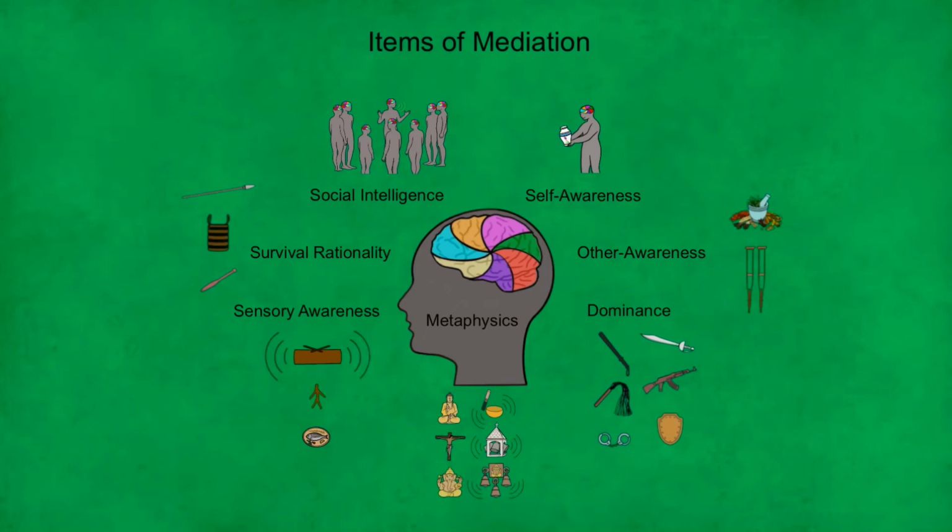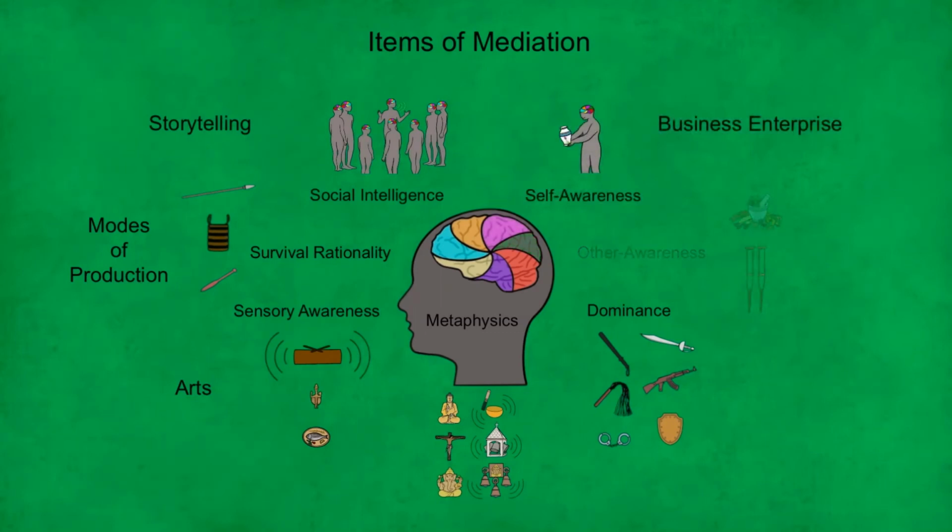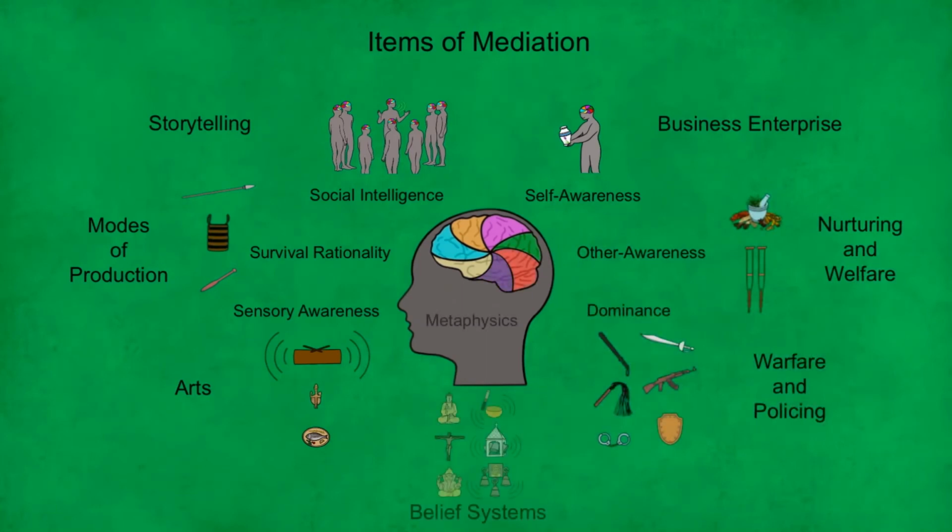Items of mediation that form clusters of objects and sounds associated with distinctive neurochemical processes. And these clusters of tangible and intangible items initially formed all the key aspects of culture: the arts, modes of production, storytelling, business enterprise, nurturing and welfare, warfare and policing, and belief systems.